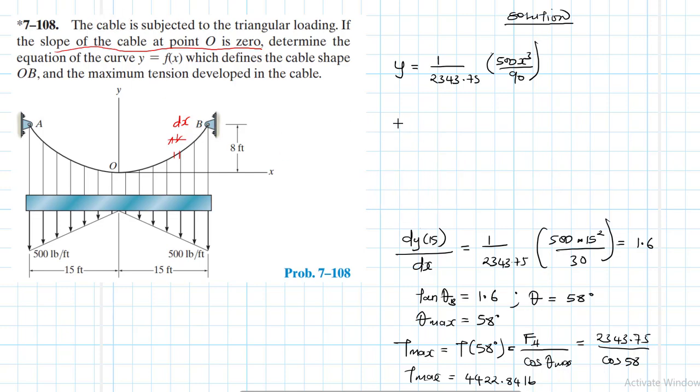So we have Tmax equal to 4422.84 pounds. And our horizontal force, of course, I'll indicate it also, is 2343.75 pounds.